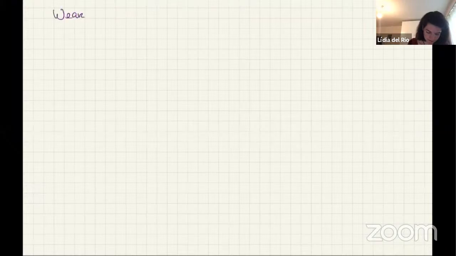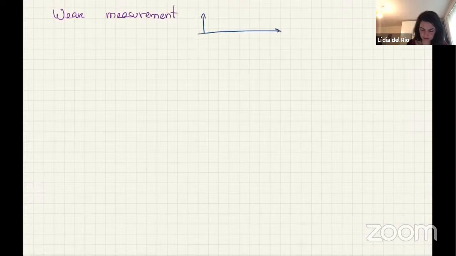Now, what happens when we have a weak measurement, and what does this mean? This means that our final state of the pointer looks a bit like this, you know, this is without the post-selection.